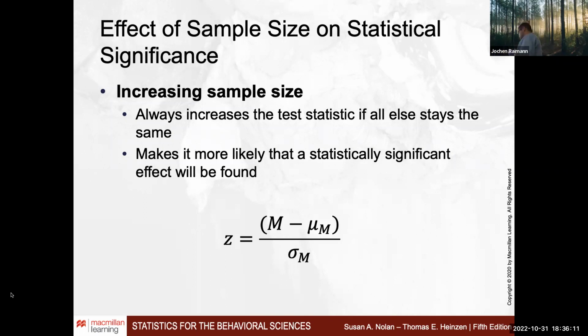If you have a smaller denominator with an equal numerator, you will have a larger set score. If you have a larger set score, you're more likely to reject the null hypothesis. That means sample size is your friend in some regards, because it basically will allow you to more likely find a significant set score.